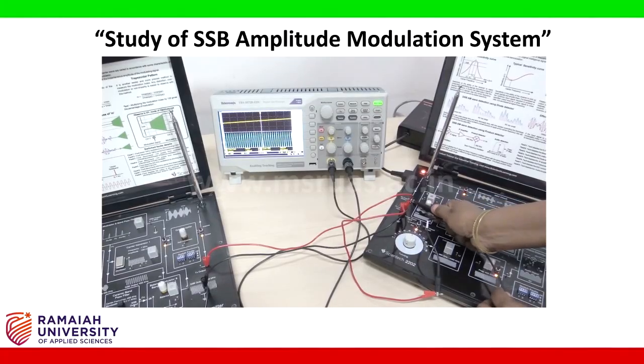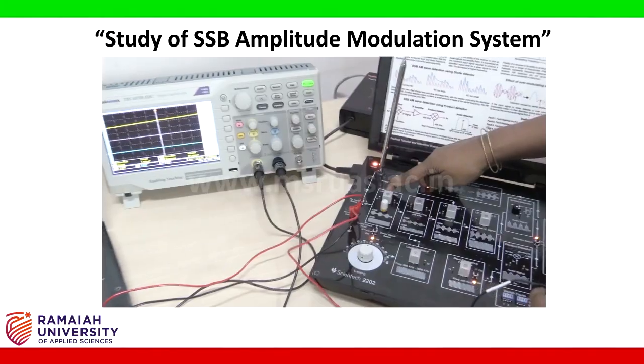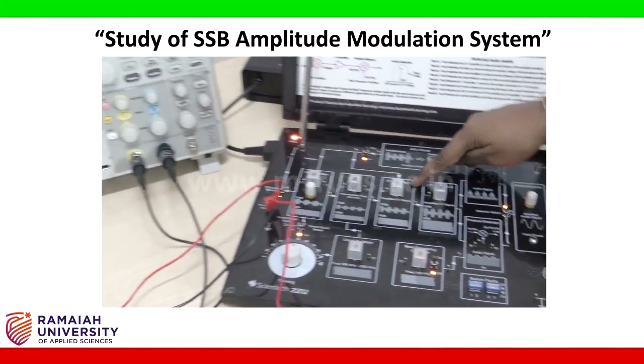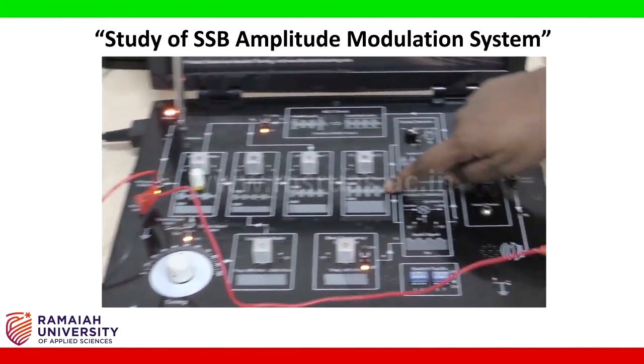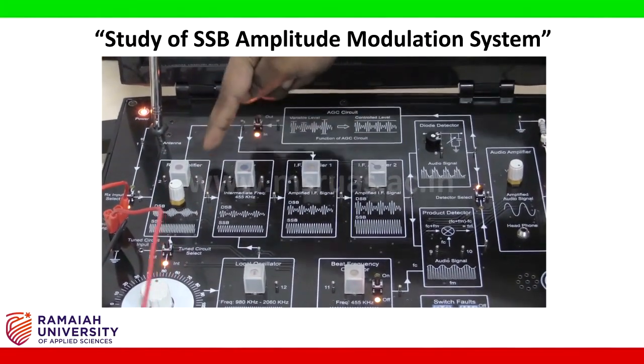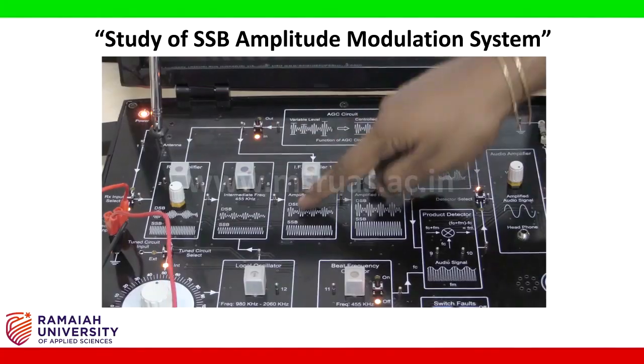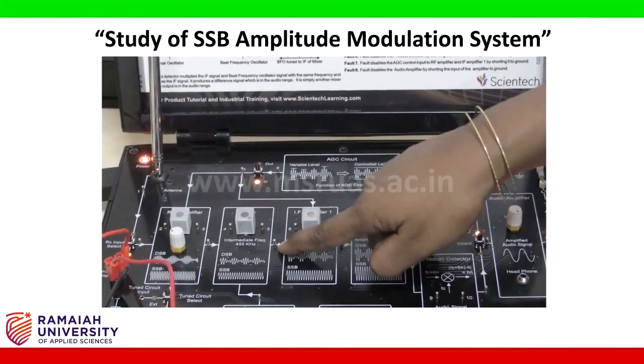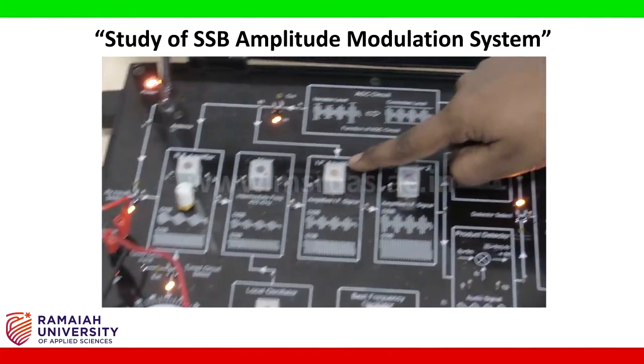Now the output passes through the RF amplifier stage, mixer, and IF amplifier 1 and 2. RF, radio frequency, is high frequency. The mixer will down convert it to 455 kilohertz, which is called the IF frequency.